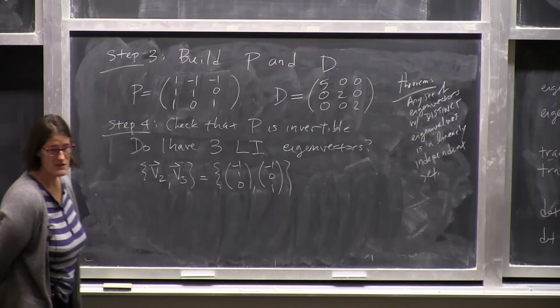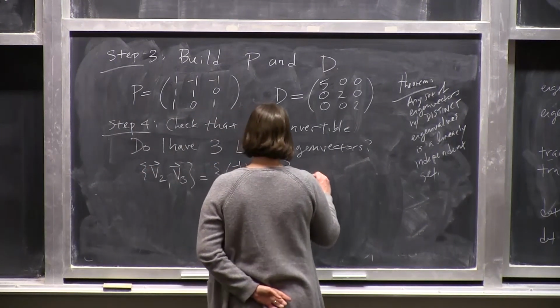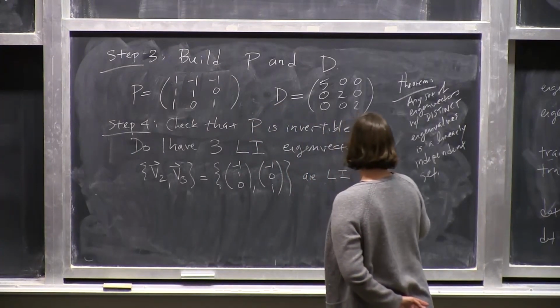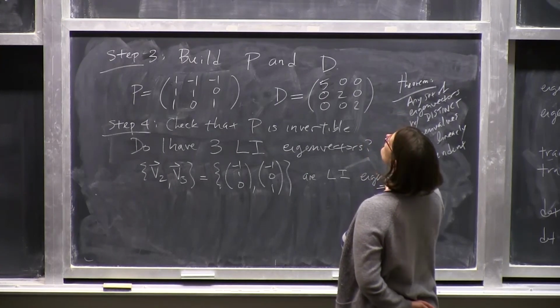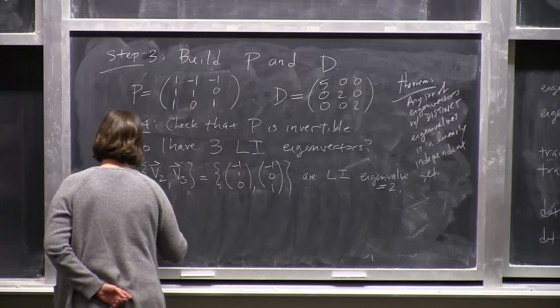And this you know because you've studied hard for your test in an hour and 25 minutes. Right? These are linearly independent. And they have eigenvalue equal to 2. Now I would like to toss in v1.